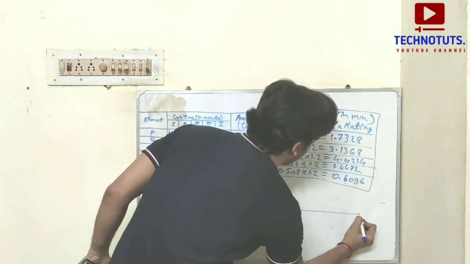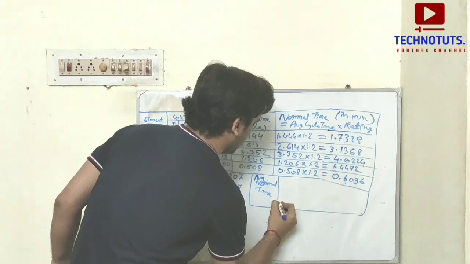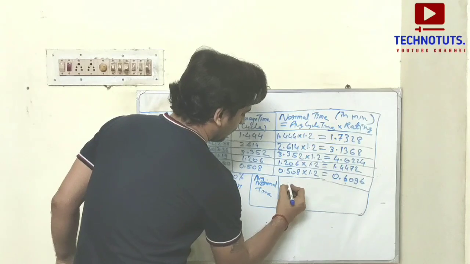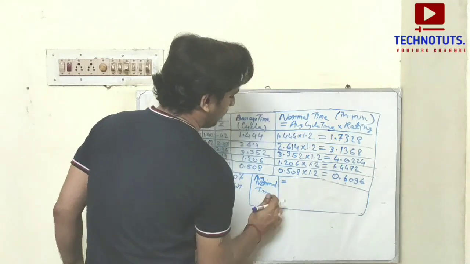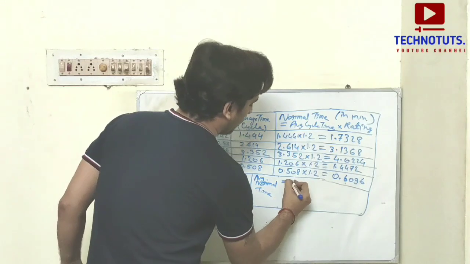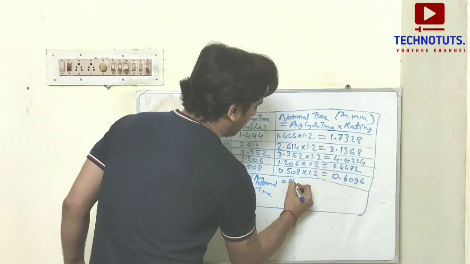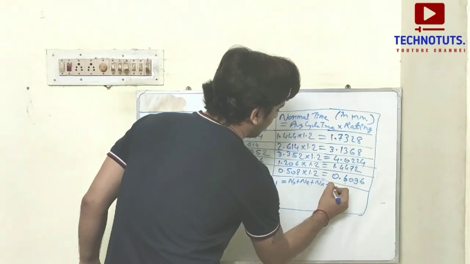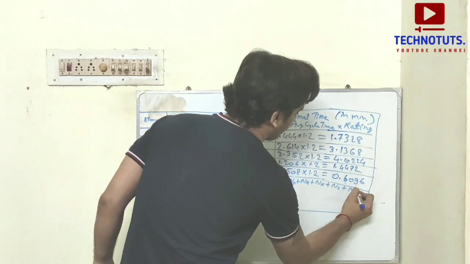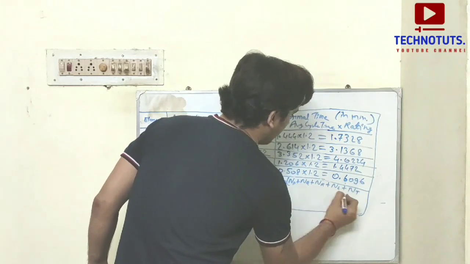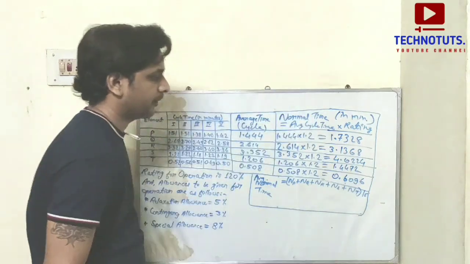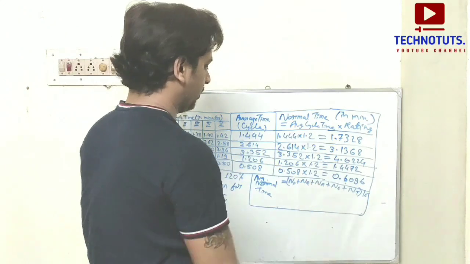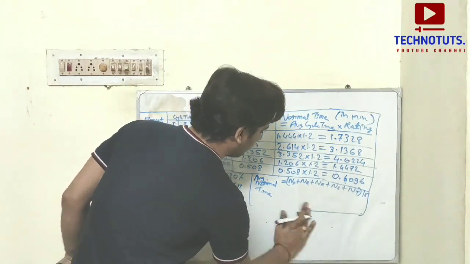Average normal time is equal to normal time of element P plus normal time of element Q plus normal time of element R plus normal time of element S plus normal time of element T, whole divided by 5. Then we will get the average normal time of this whole operation or this whole cycle. So let us put the values.